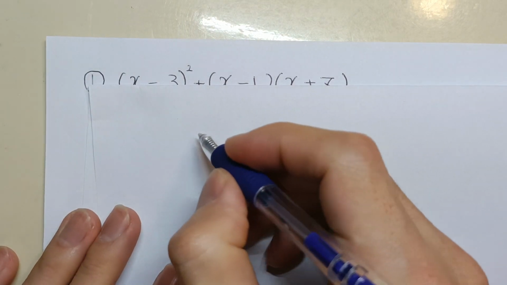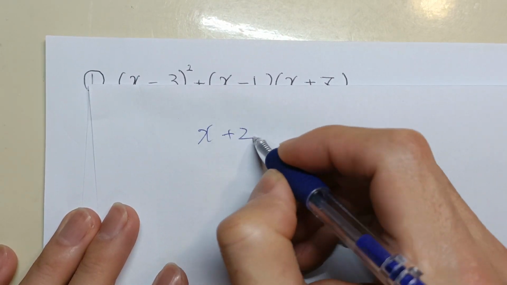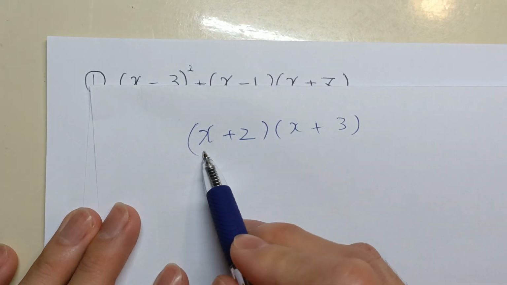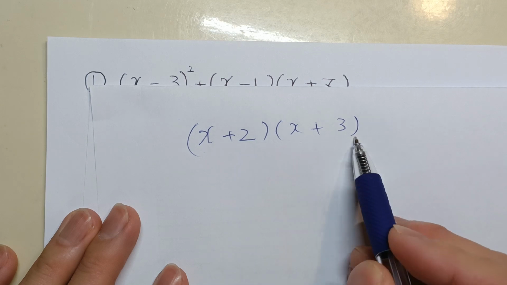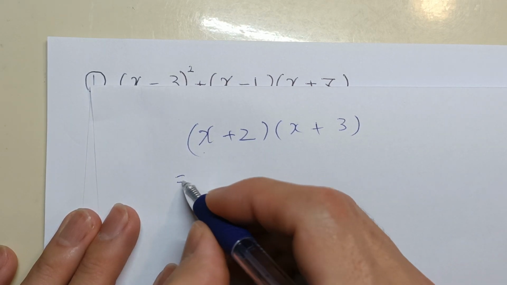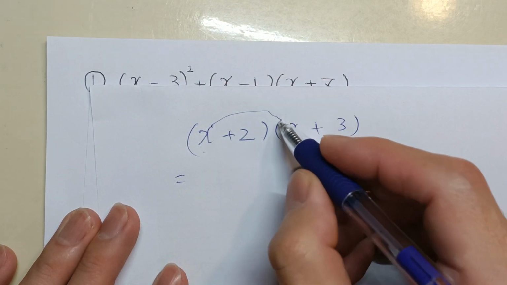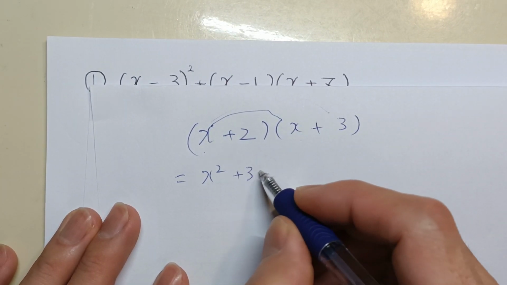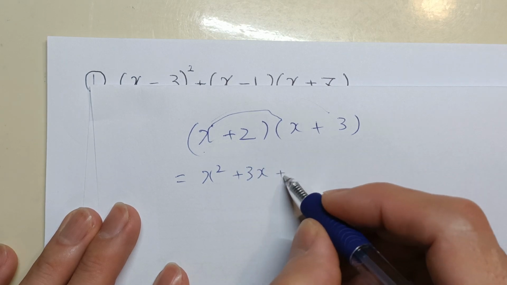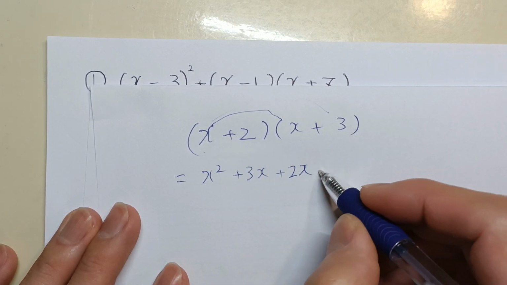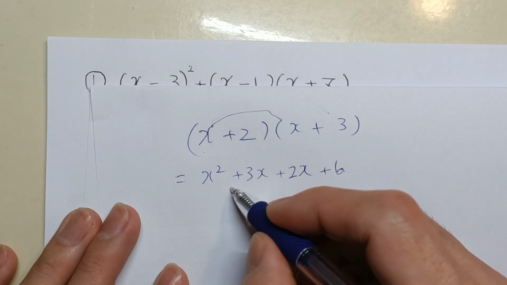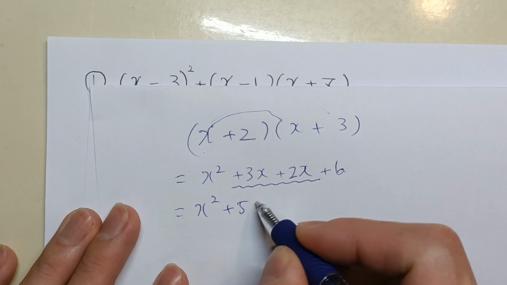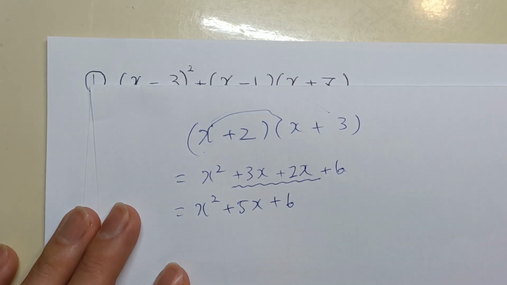So for example, when you have x plus 2 or like x on both sides and then number on both sides, this one is, if you do this times this, x squared, this times this, 3x, this times this, 2x, and then this times this is 6, right? Which means you can add a like term here, x squared plus 5x plus 6.